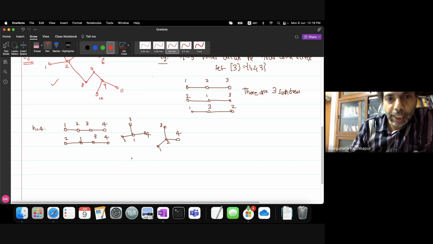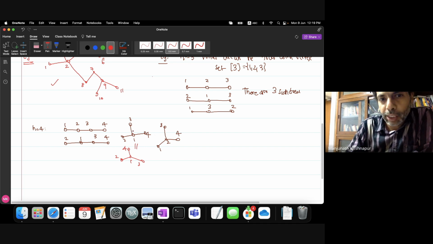However, what matters is the collection of edges. If I put 1 here and put the others in a different order, say 2, 4, and 3, you might say it's different. No, this is actually the same as this, so I should not count it differently. These two are the same: 1 is in the middle and it is connected to 2, 3, and 4. The collection is the same.